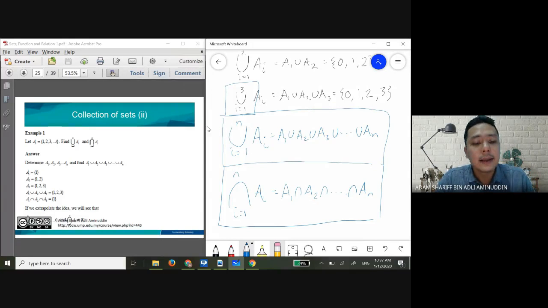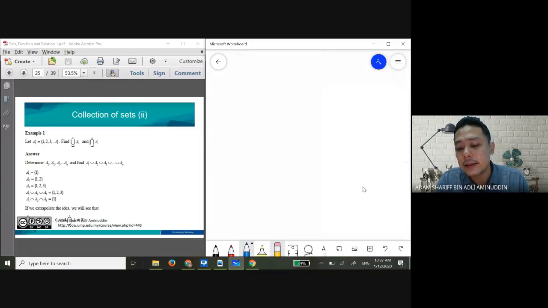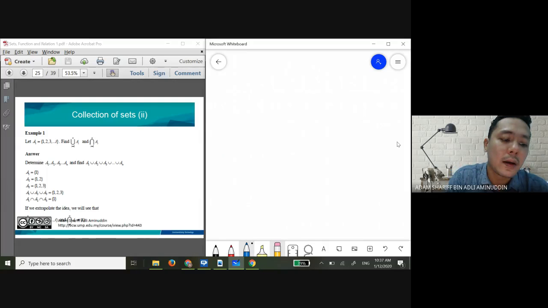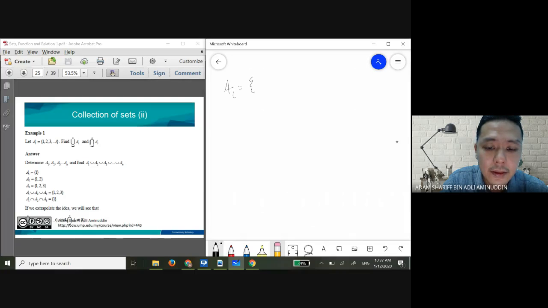Sekarang ni kita cuba contoh mudah dulu ya. Suppose my set function is defined as, saya pergi yang lagi mudah dulu. Yang ni ada setengah student confused. Saya start yang tadi ya, {0, i}. Yang ni selalu student boleh dapat jawab.